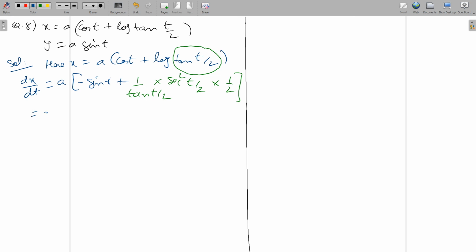this on simplification will give us equal to a into minus sin t, and we know that 1 by tan is equal to cot.